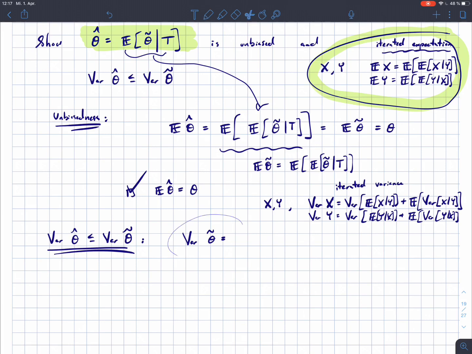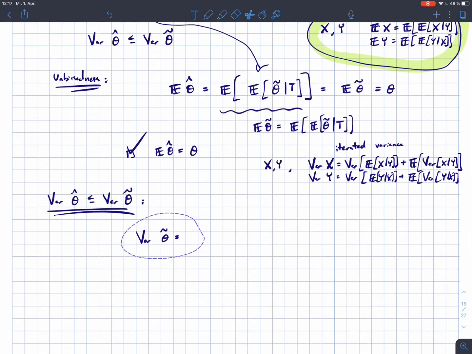Okay, so I'm going to use this to write down the variance of theta tilde as the variance of the expected value of theta tilde given t plus the expected value of the variance of theta tilde given t.